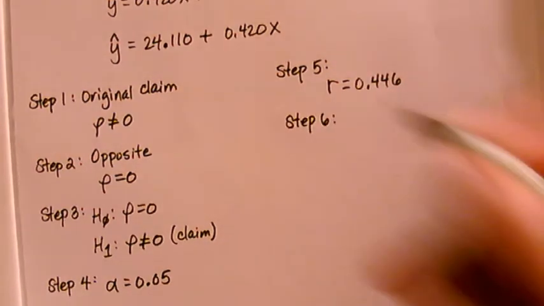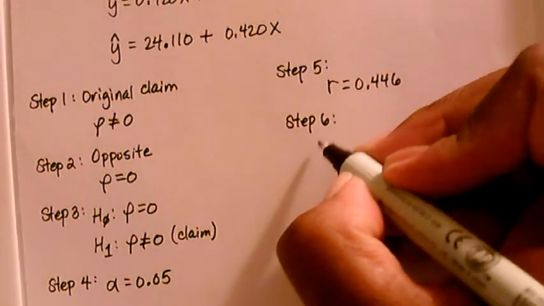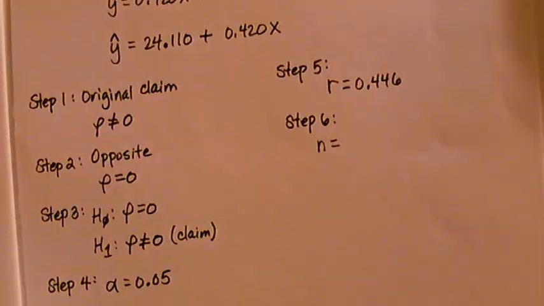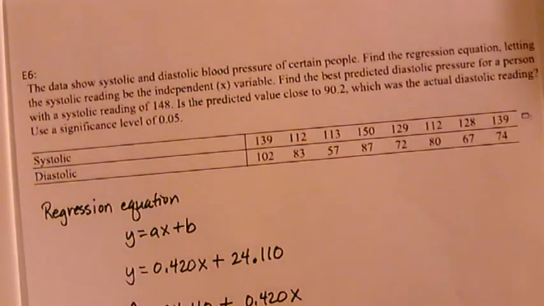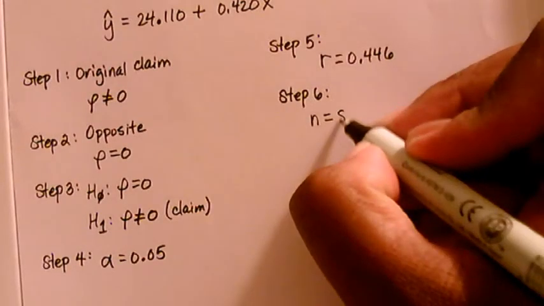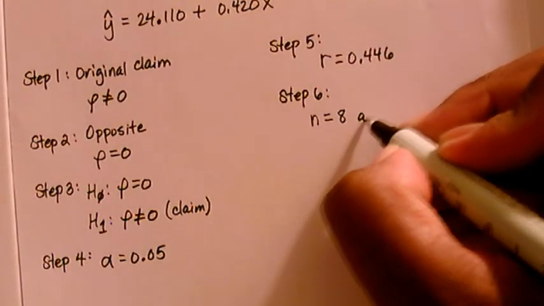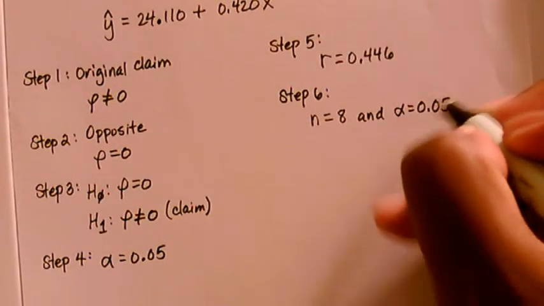And then step number 6, we're going to use the critical value method because we know what R is. Okay, so here N is the number of paired sample data. Here we got 8 paired data values. So N in this case will be 8. And the alpha level was 0.05 that was given to us.